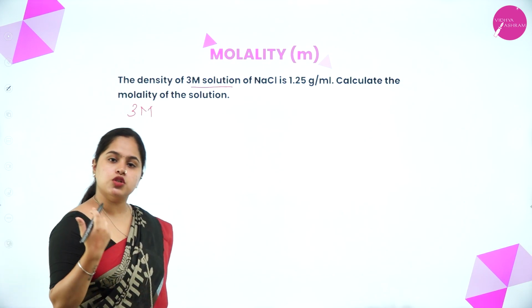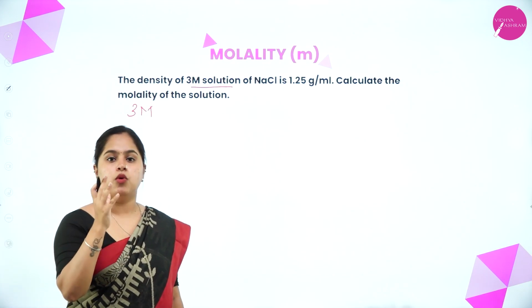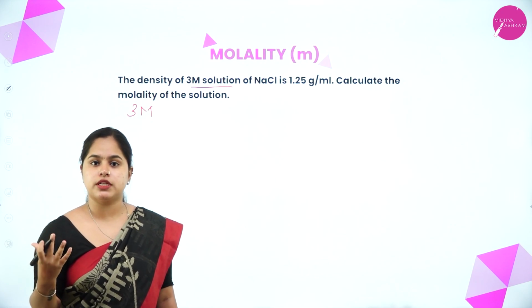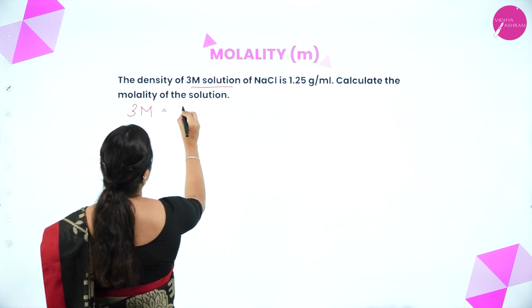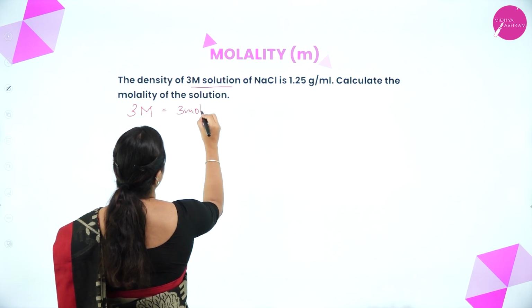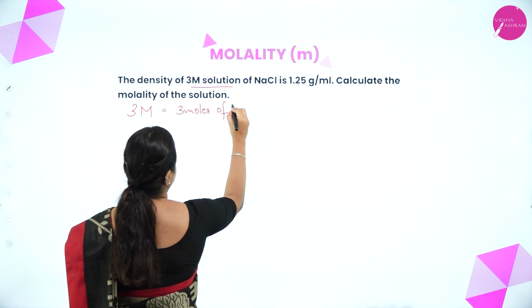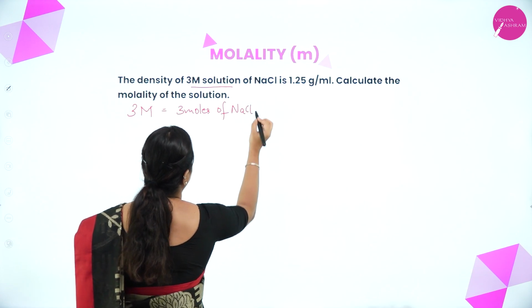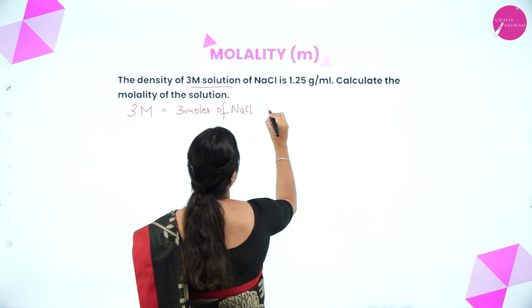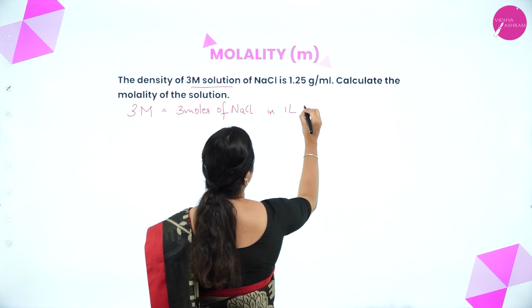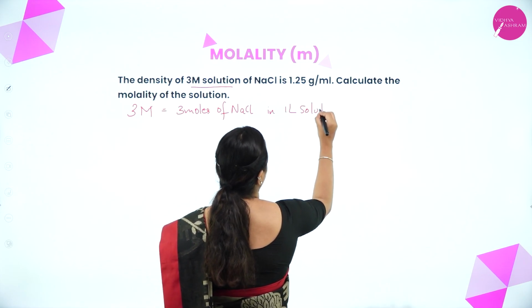Molarity is given. So what is molarity? Molarity is the number of moles of solute present in 1 liter of your solution. So 3 molar means 3 moles of NaCl. You know the solute is NaCl. 3 molar means 3 moles of NaCl is present in 1 liter of your solution.